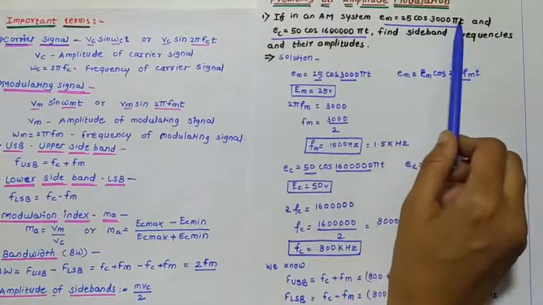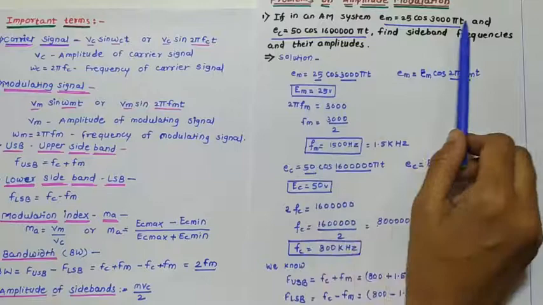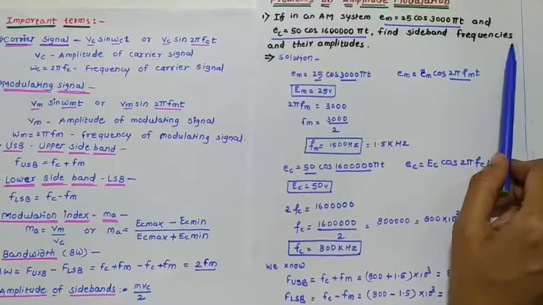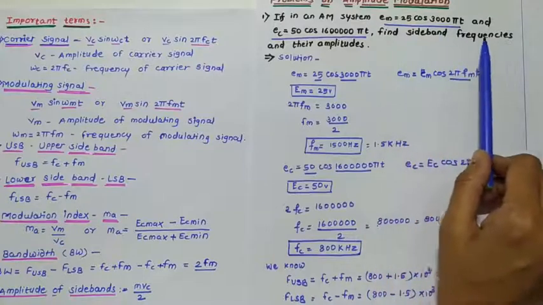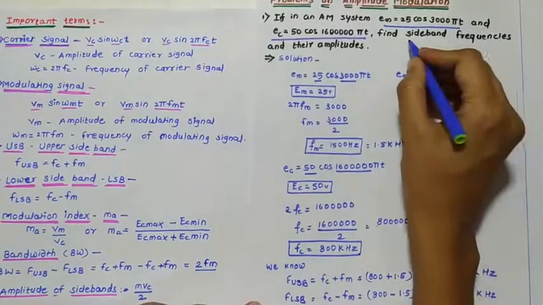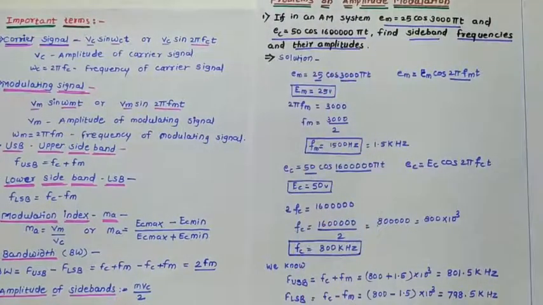First you have to write down the equation, then find out the terms which are given in the problem and write down the terms which we have to find out. Here we have to find out sideband frequencies and their amplitude. Then you decide which formula we have to use. In this way you can solve any problem.